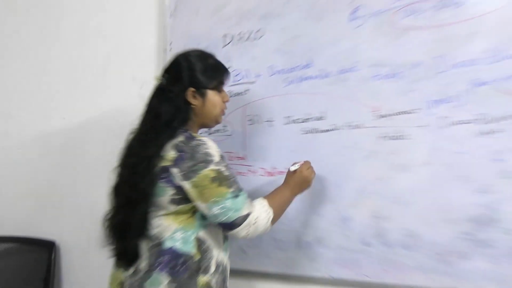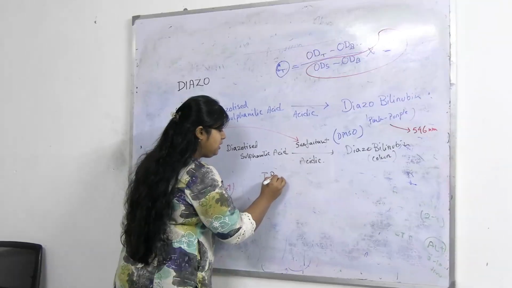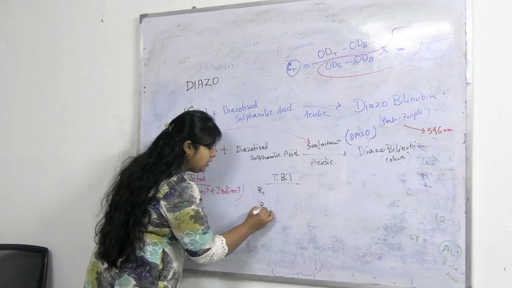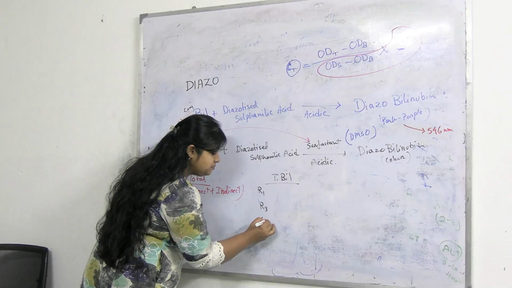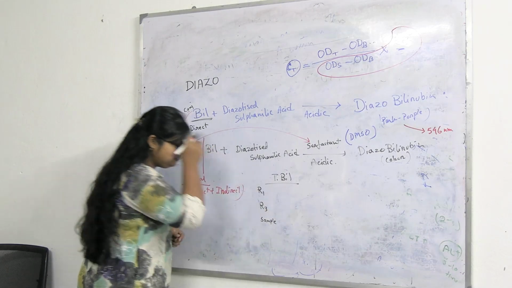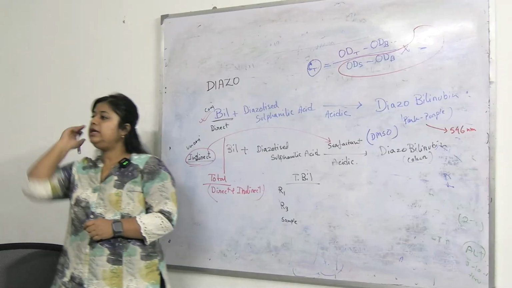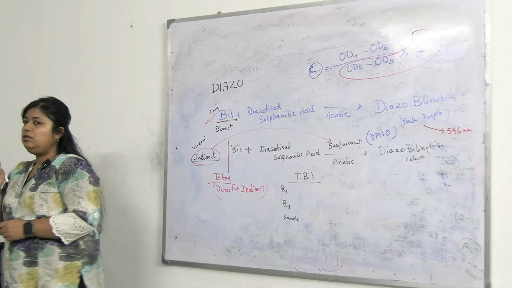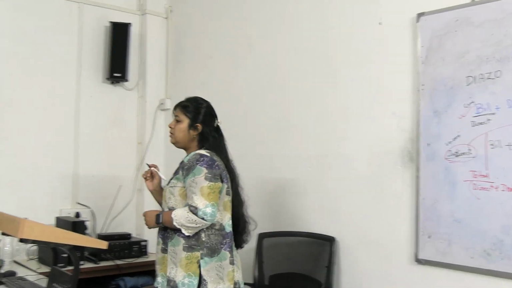Okay. So, here we have to take, for total bilirubin, R1, R3 and sample. You may ask, where is the blank?